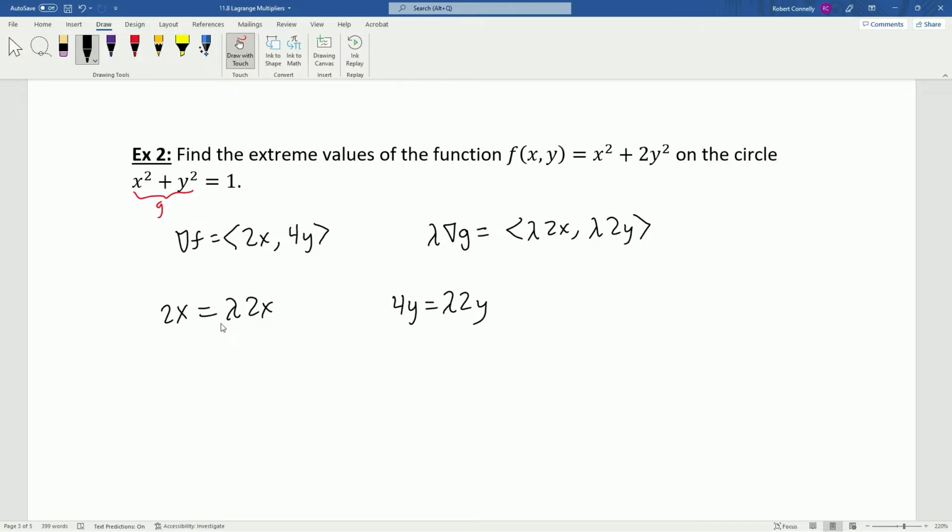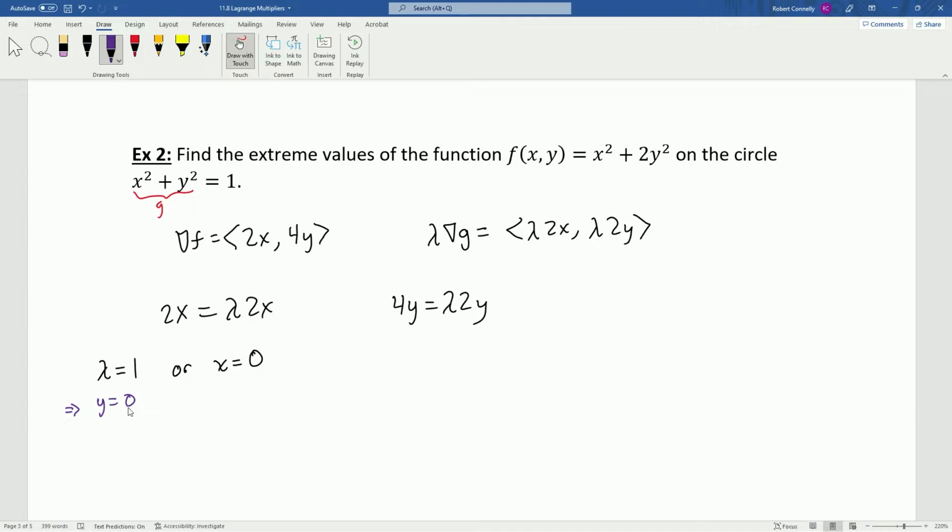So for 2x to be equal to lambda times 2x, you'd have lambda equals 1 or x equals 0. But let's think about the consequences of this. So if lambda equals 1, then that means that 4y equals 2y. So that would imply y equals 0.